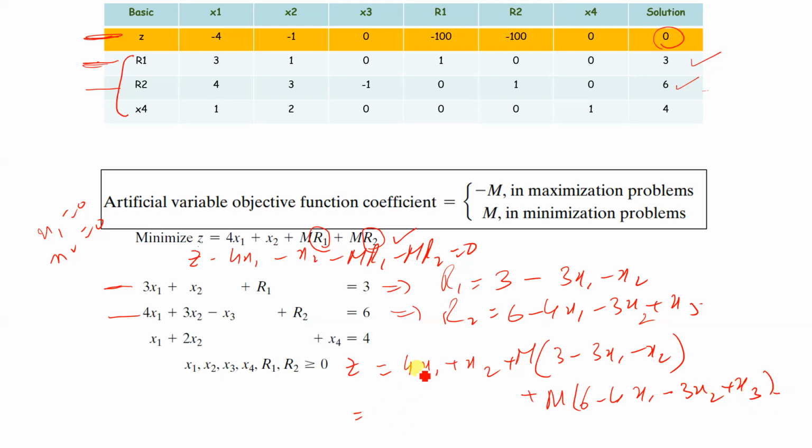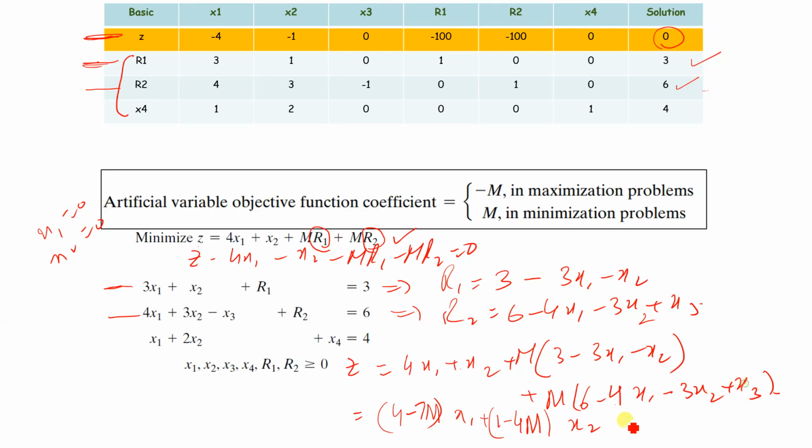So Z is equal to the coefficient of x1, which is 4 minus 3M minus 4M, so minus 7M, and plus x2, the coefficient of x2 would be 1 minus M and minus 3M, so minus 4M.